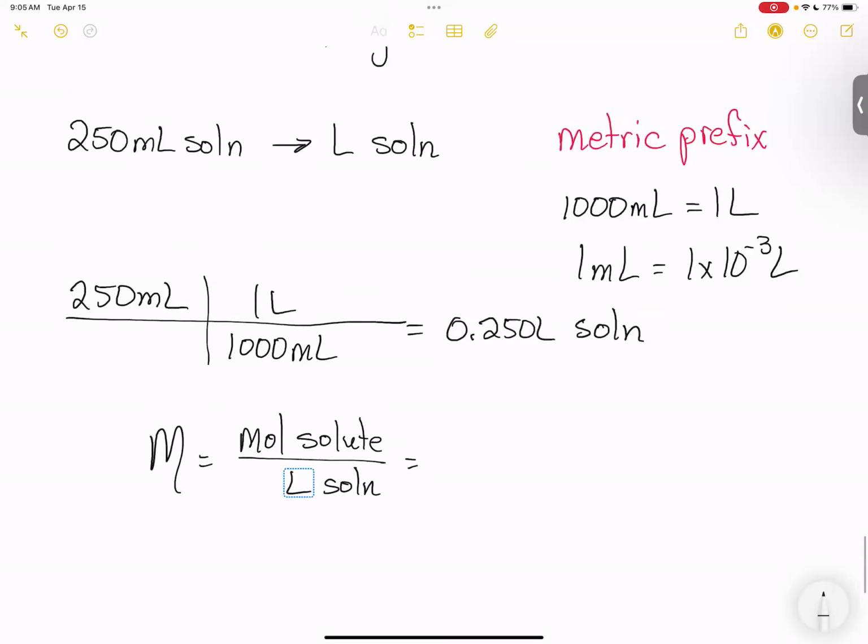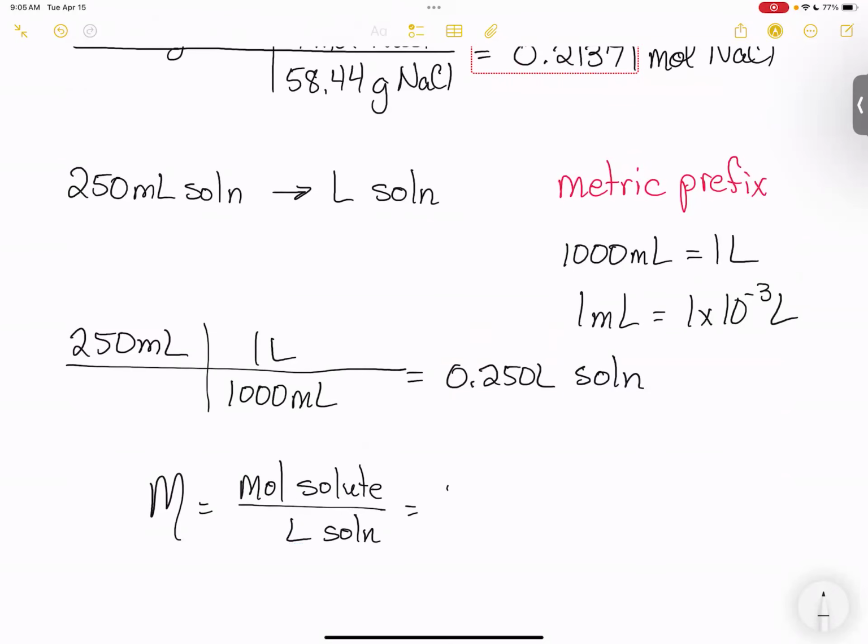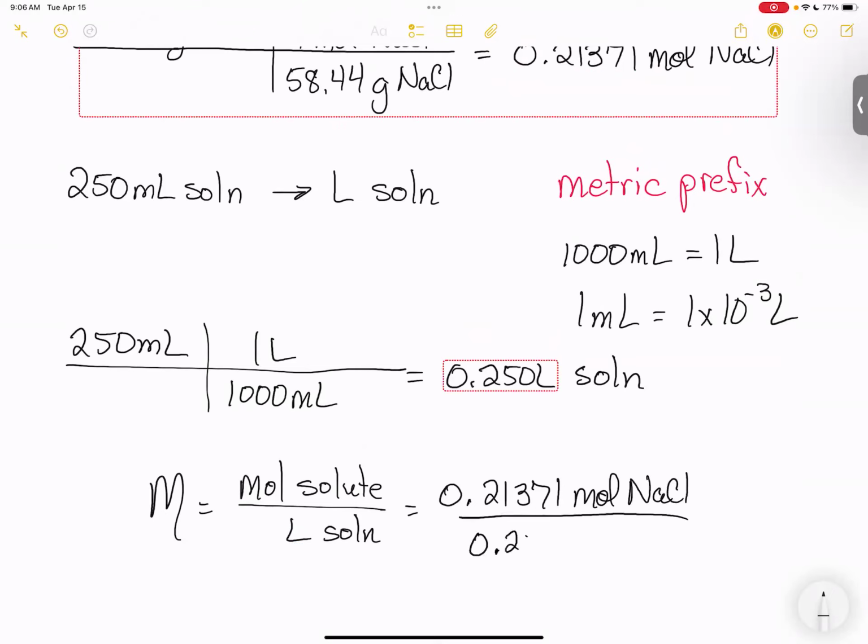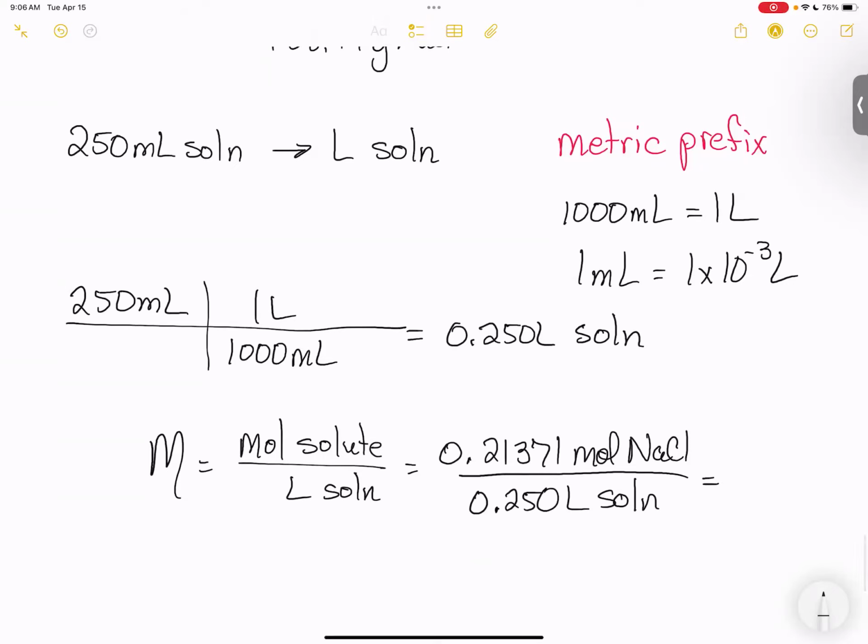So this is going to equal 0.21371 mole of NaCl divided by 0.250 liters of solution. And you get 0.855 molar NaCl.